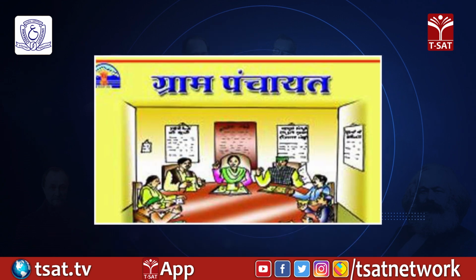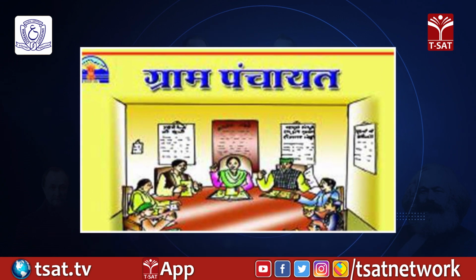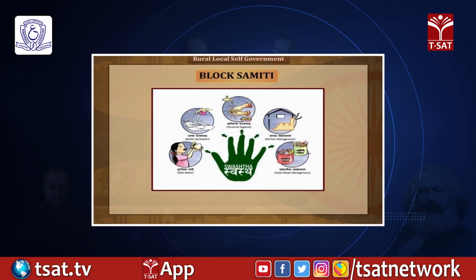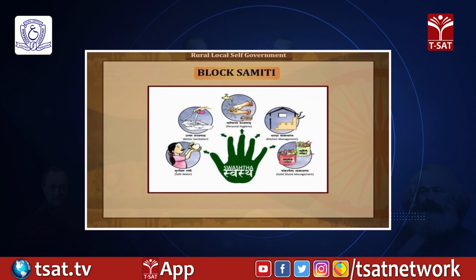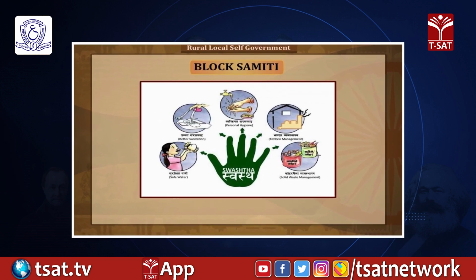They prepare their own budgets for submission to the Jilla or district panchayat. The Panchayat Samiti or Block Samitis function through committees. Therefore, it is mandatory for them in all states to appoint standing committees such as General Standing Committee, Finance, Audit and Planning Committee, Social Justice Committee.